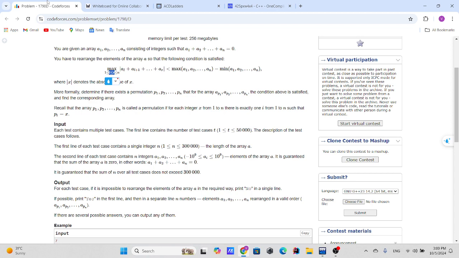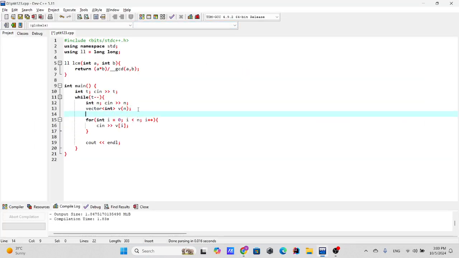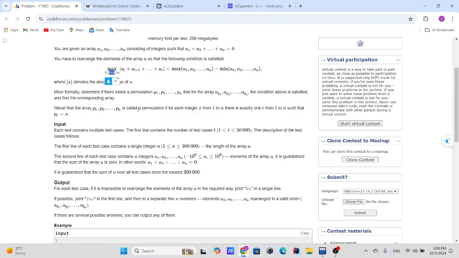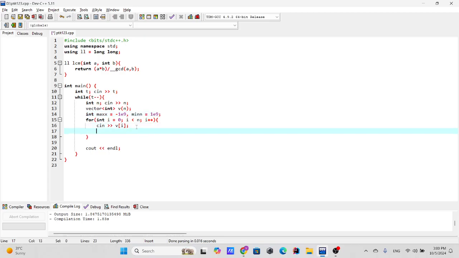And if n is 1, okay, the max is maybe 0, and nah, actually, the min should be... the same thing goes here.